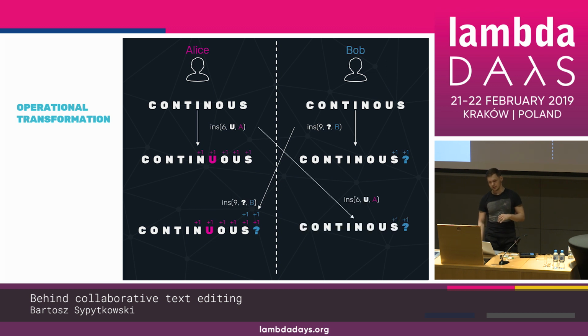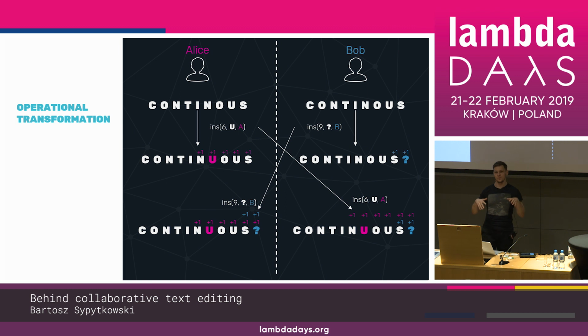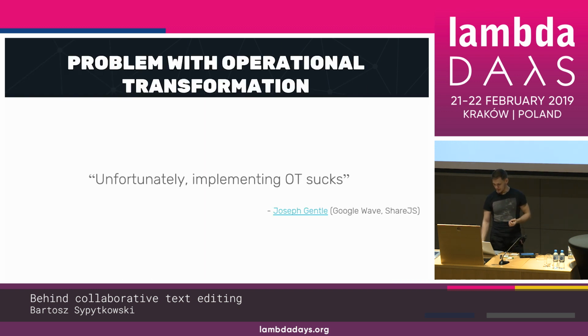And on the other side, when Alice wants to apply her operation, she sees that the index of her operation is actually before Bob's, so there is no need for a transformation to be applied. And we still end up in the correct state. And this is, in very simple words, how operational transformations work. And yeah, the only problem is that in practice, this is not so easy to actually solve.